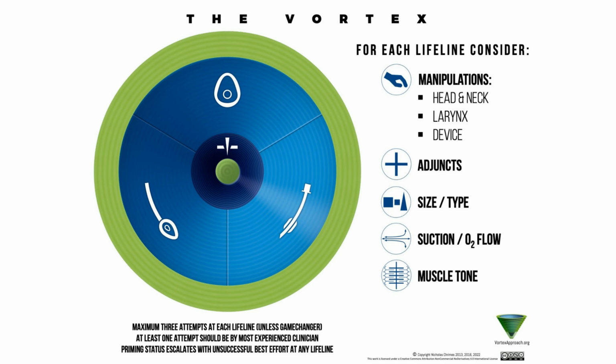One can move between these three options in any direction at any time, with the understanding that at each new attempt at one of the three options, something different has to be done to improve your chances of success. So there's no set rules in terms of you have to go from mask ventilation to supraglottic airway to endotracheal tube. You can go in any direction.